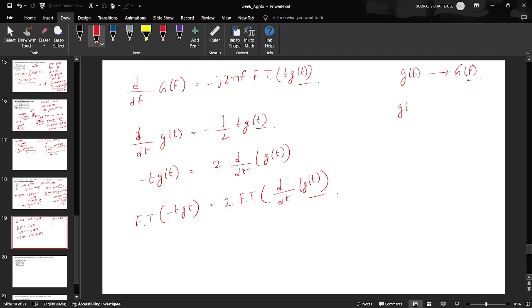And if g(t) has Fourier transform G(f), what is the Fourier transform of d/dt of g(t)?